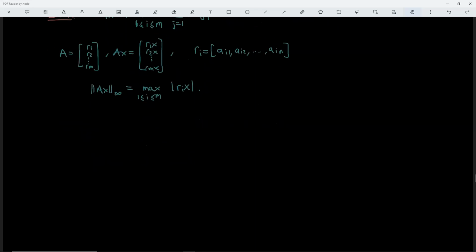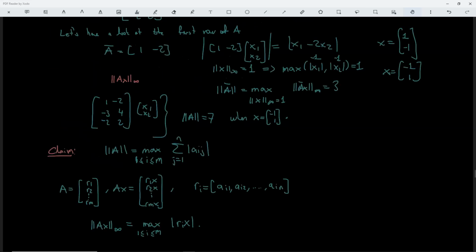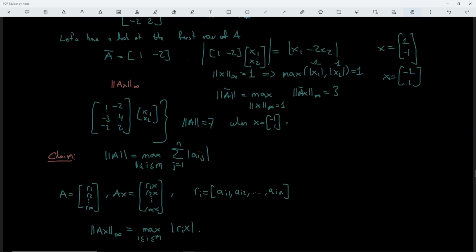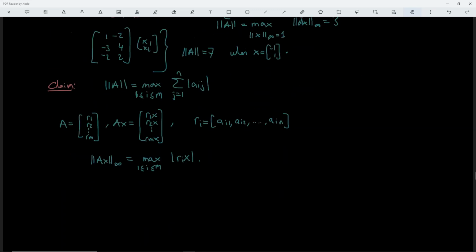So in order to make our proof, we assume that this is maximized for the kth row, and for some vector z I can get the maximum value of that thing. Just like in the previous example, the kth row was the second row, and the special vector was (-1, 1), so that I could get 7. So there's always a maximum of that thing, right?